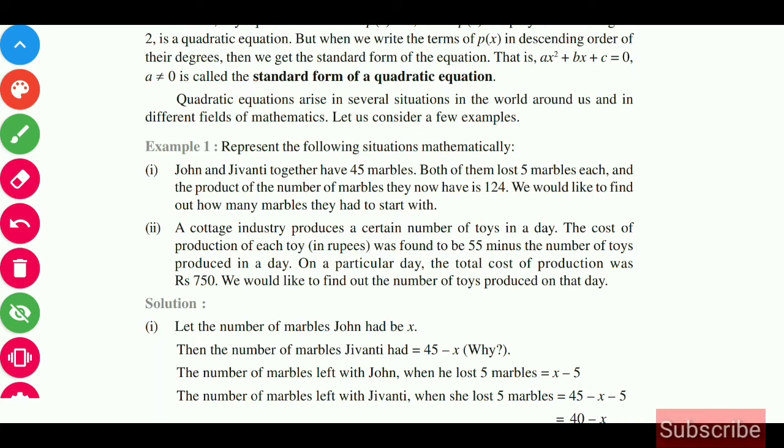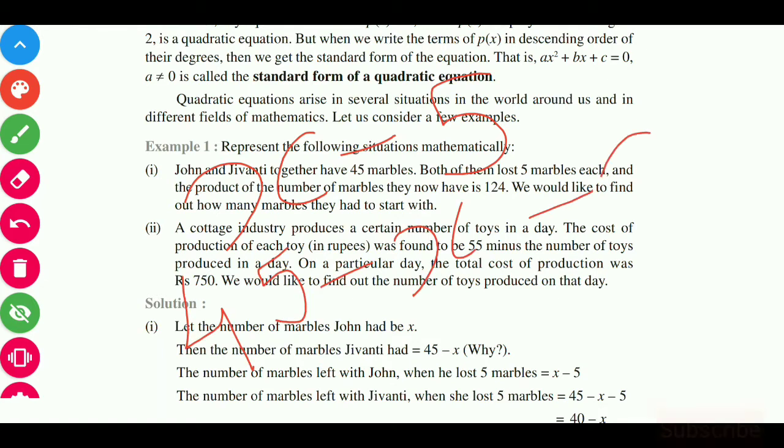So the number of marbles left with John when he lost 5 marbles will be x minus 5. Similarly, the number left with Jivanti when she lost 5 marbles will be 45 minus x minus 5.